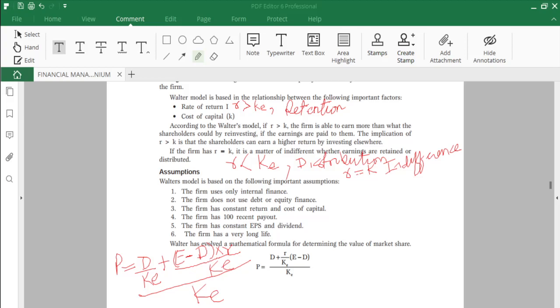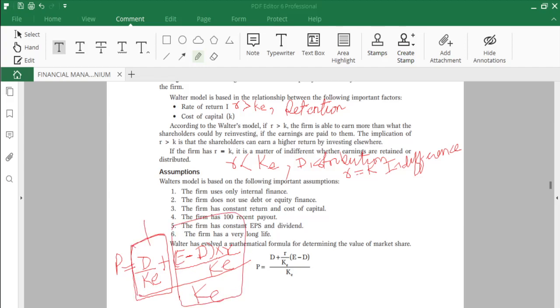Okay, so what I can do is divide this into two parts. I can show you this. This is one part and this is another part.